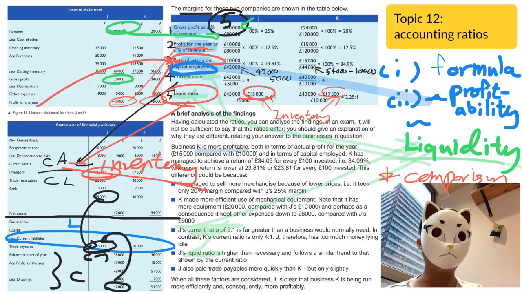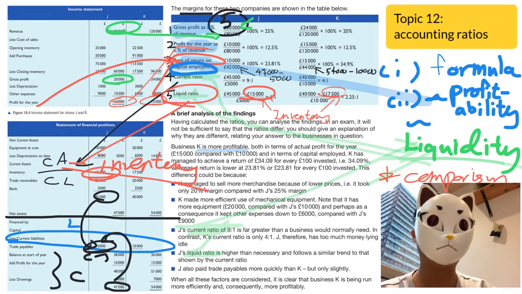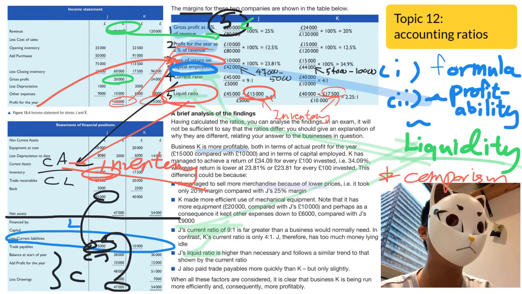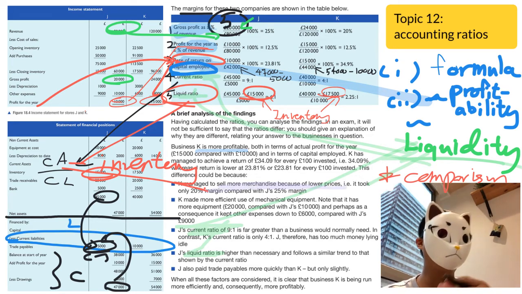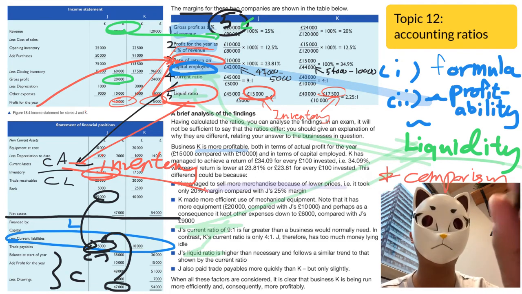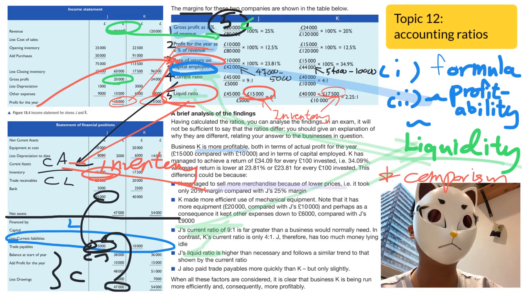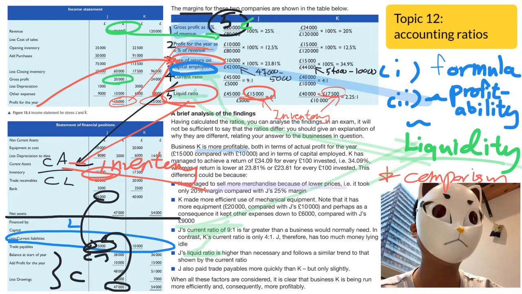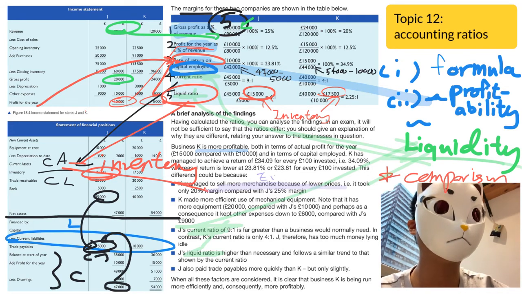Say for example, why would K be more profitable? They would sell more goods because of the lower price. So this is the explanation you have to give. So I think you should mark it down. We must give explanation.